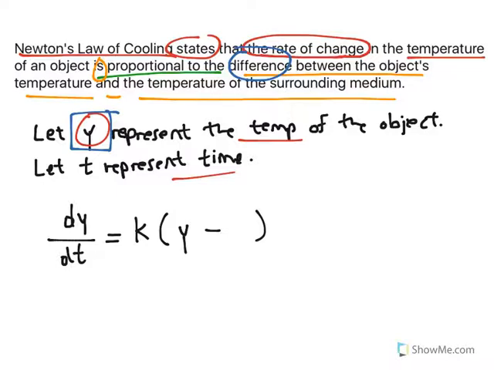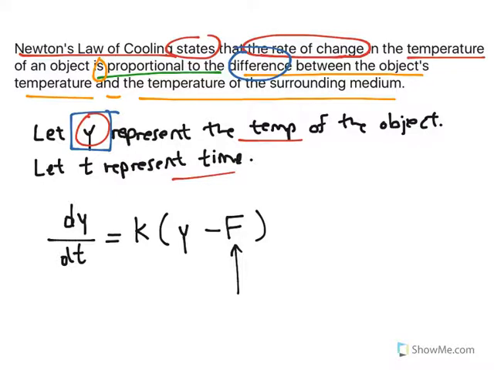I'll just use something like F for the temperature of the surrounding medium, and of course that would be a particular value in a particular problem. So that's what Newton's law of cooling states. The rate of change in the temperature of an object, dy/dt, is proportional to the difference between the object's temperature and the temperature of the surrounding medium, and I'm using uppercase F to stand in for whatever the temperature of the surrounding medium is.